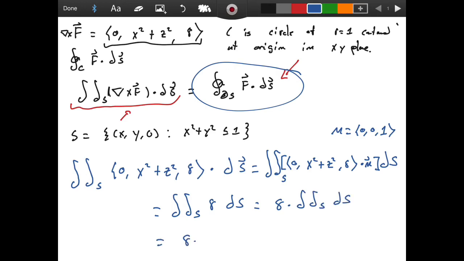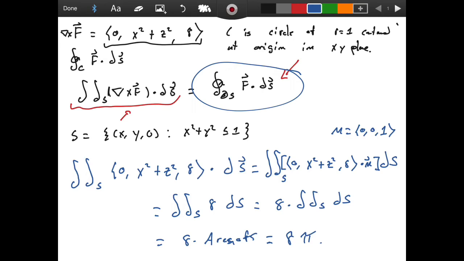But this is just 8 times the area of S. The area of S is going to be pi, so this is just 8 pi. It's pi because the circle of radius 1 has area pi.